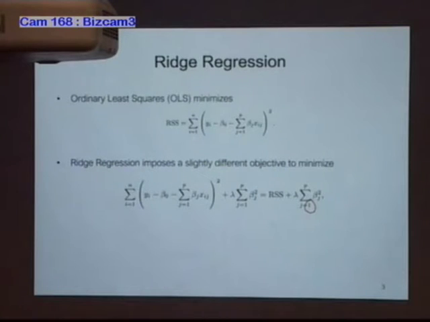And the question is, how do we decide lambda? Just like earlier, how do we decide the alpha? They're not exactly the same thing, but they play the same role. By changing your alpha, you're placing different emphasis on different things. So let's leave that question to a later point.